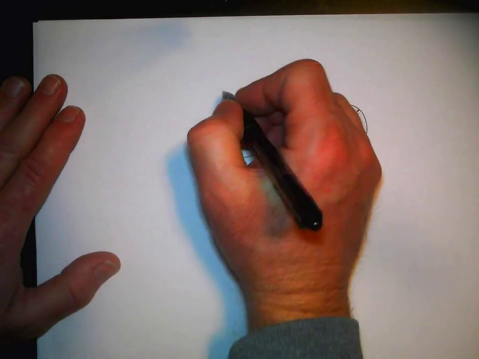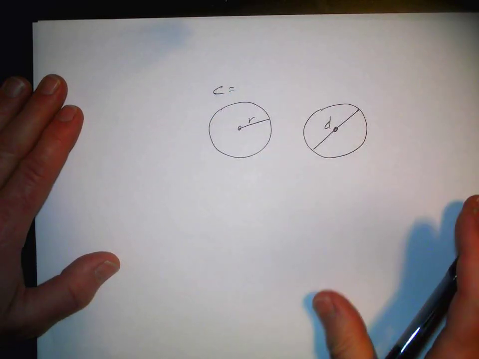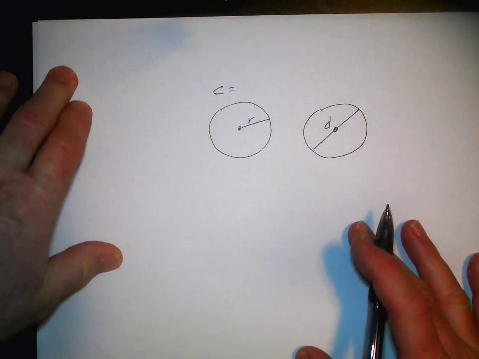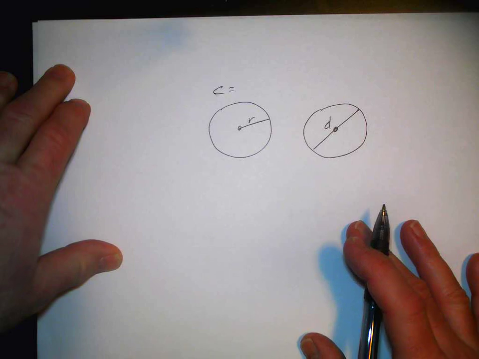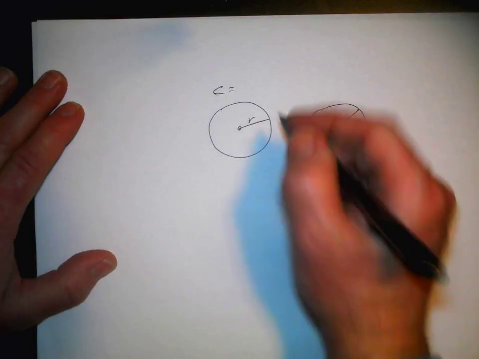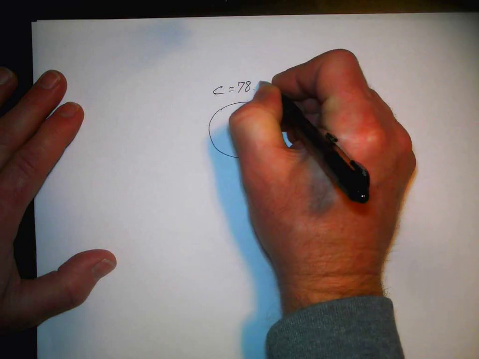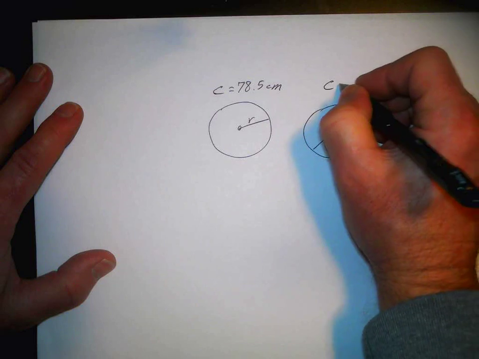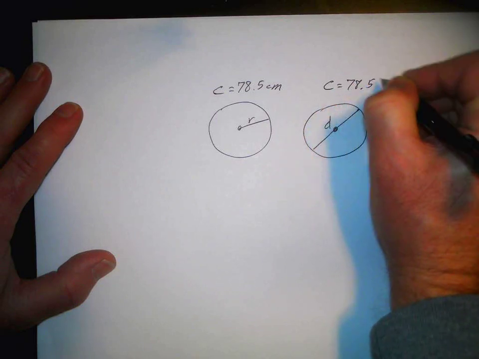If I was to tell you that the circumference of this circle was, let's go with 78.5 centimeters, this one also 78.5 centimeters.